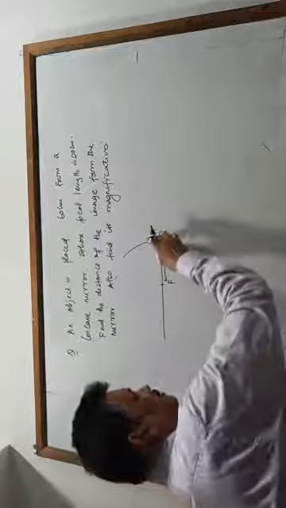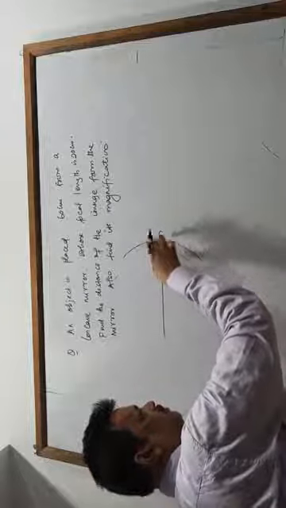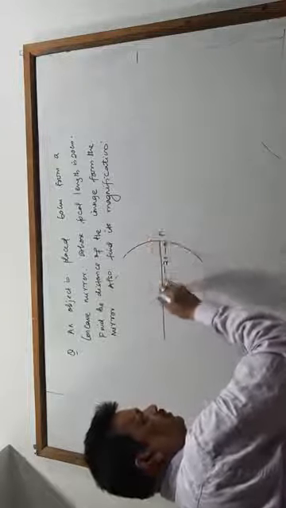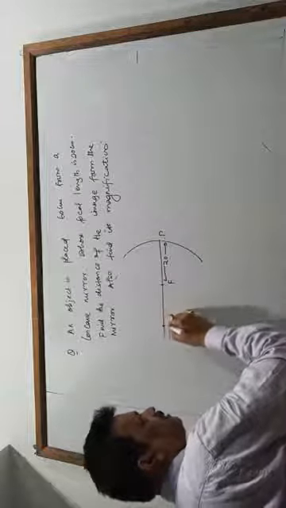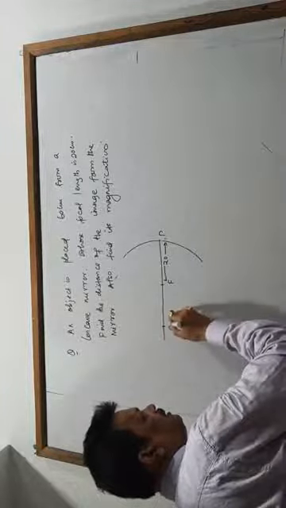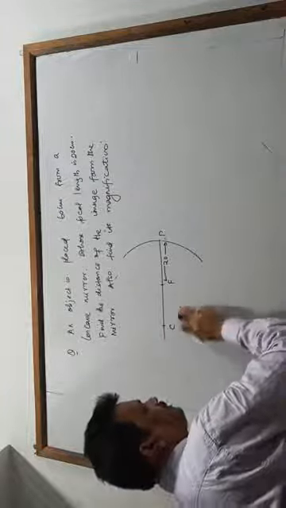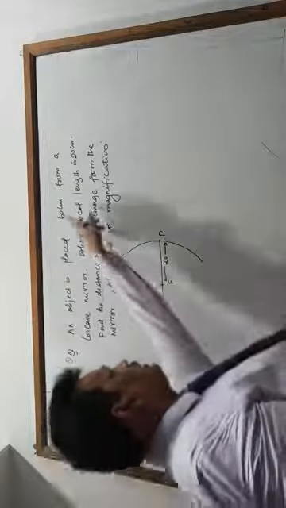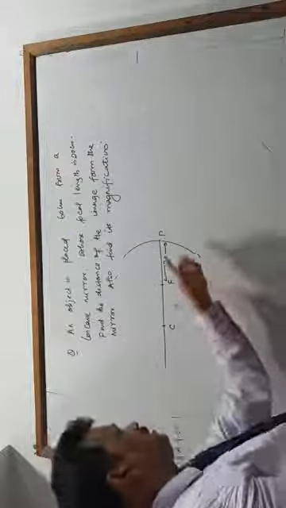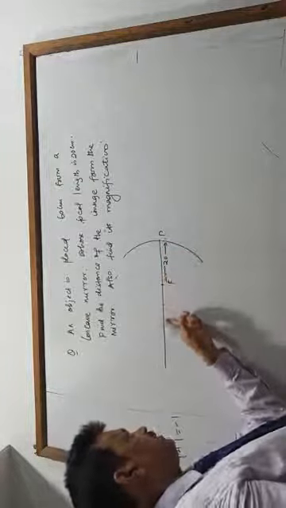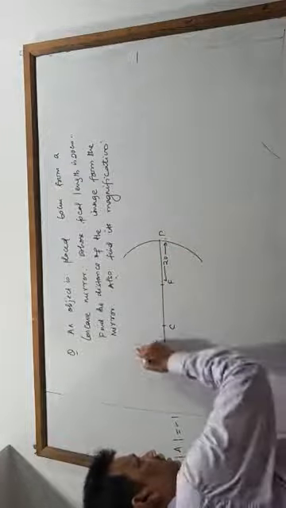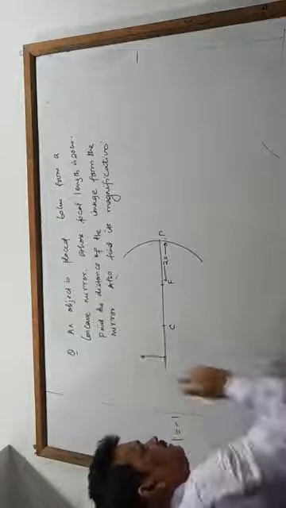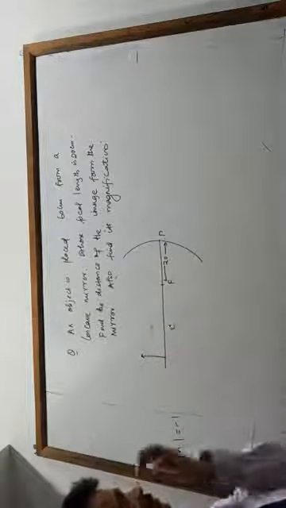The distance from pole to focus to center of curvature should be equal, which means this will be 40. This is not required. But where is your object? Your object is 60 centimeter. That means this is 20, this is 20, then again 20, there is the object. That means your object is beyond the center of curvature.